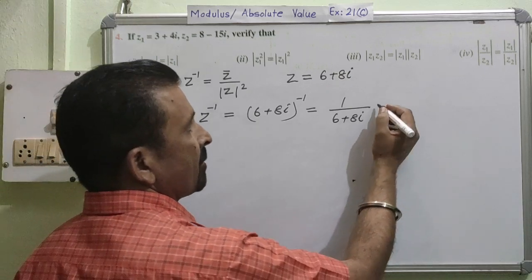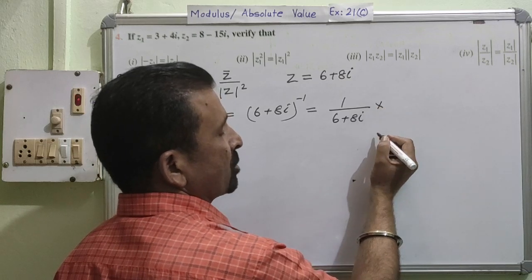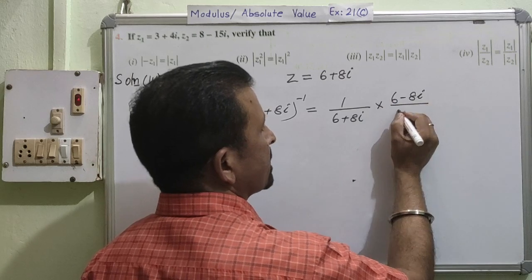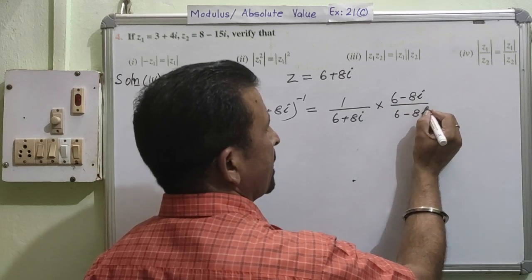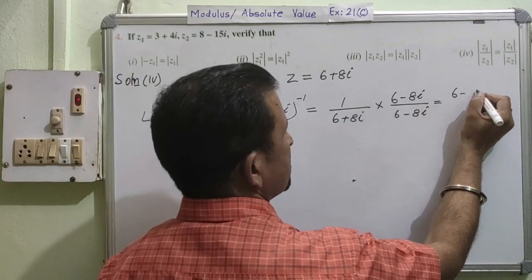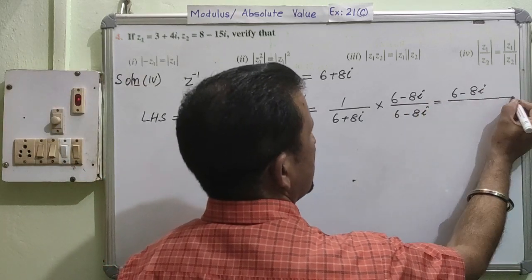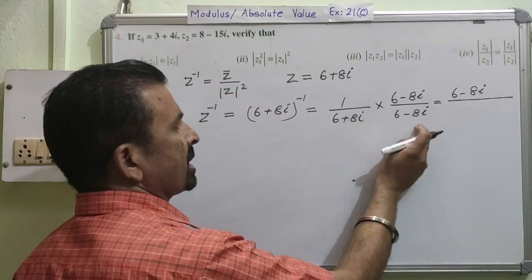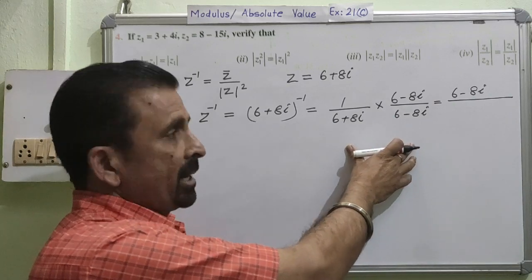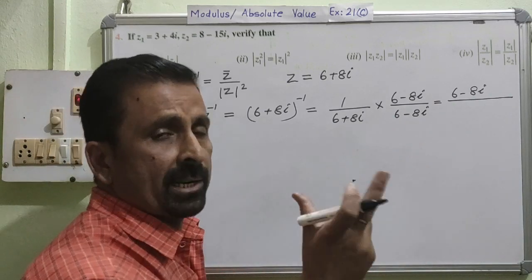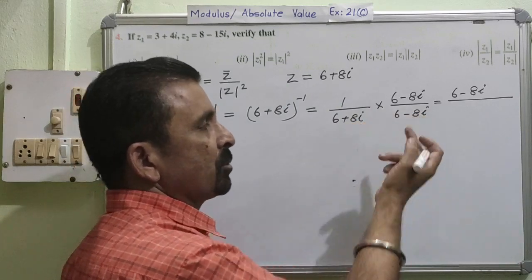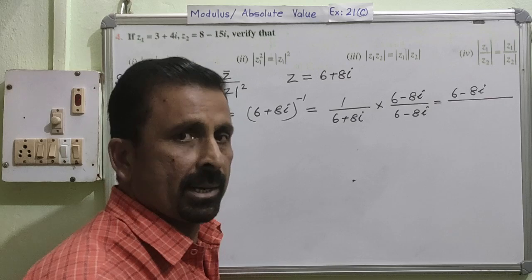So for rationalizing, we will multiply the numerator and the denominator by its conjugate, that is 6 minus 8i divided by 6 minus 8i, right? Now when we simplify, this will come as 6 minus 8i in the numerator. In the denominator, 6 plus 8i into 6 minus 8i can be seen as the factor of difference of squares: a plus b into a minus b can be written as a square minus b square.